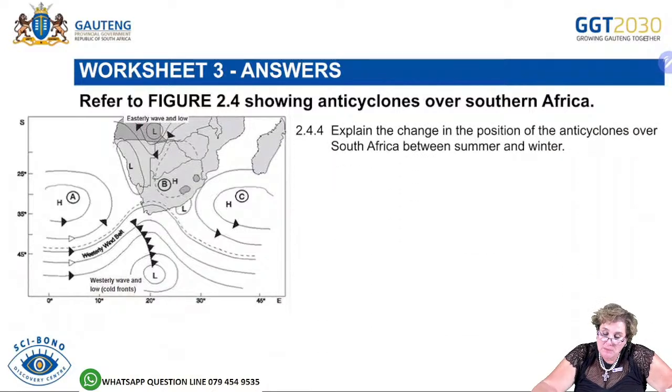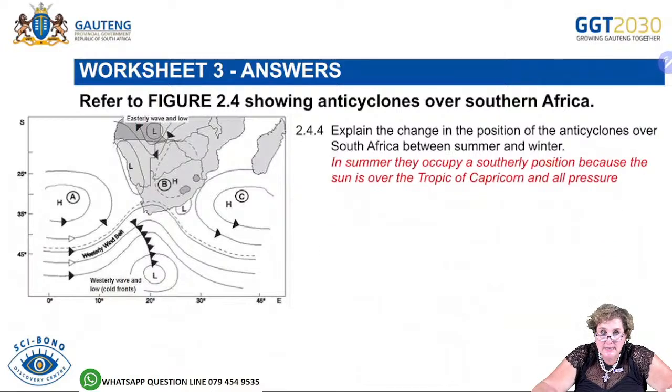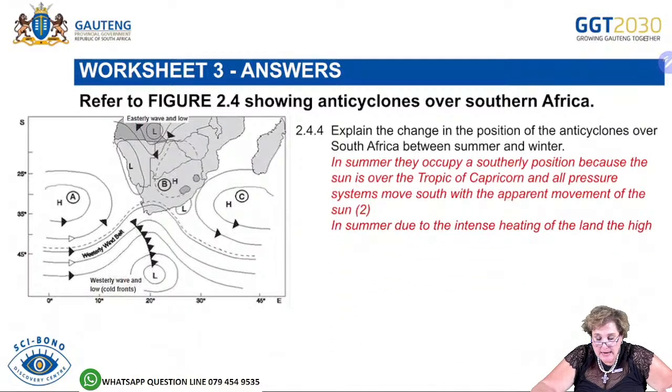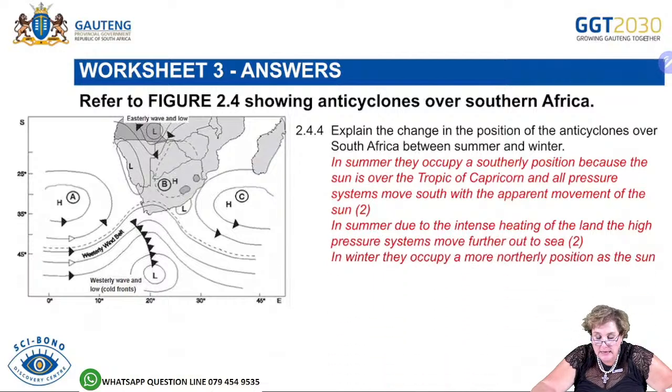Explain the change in the position of the anticyclones over South Africa between summer and winter. In summer they occupy a southerly position because the sun is over the Tropic of Capricorn, and all pressure systems move south with the apparent movement of the sun. Or in summer, due to the intense heating of the land, the high pressure system moves further out to the sea.